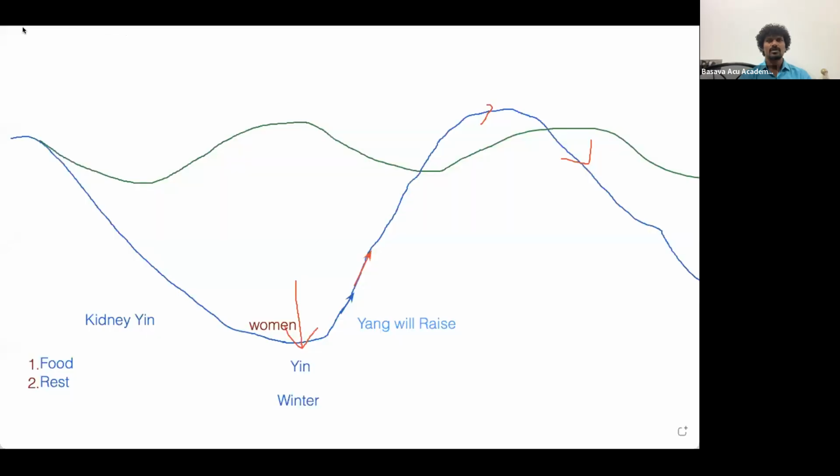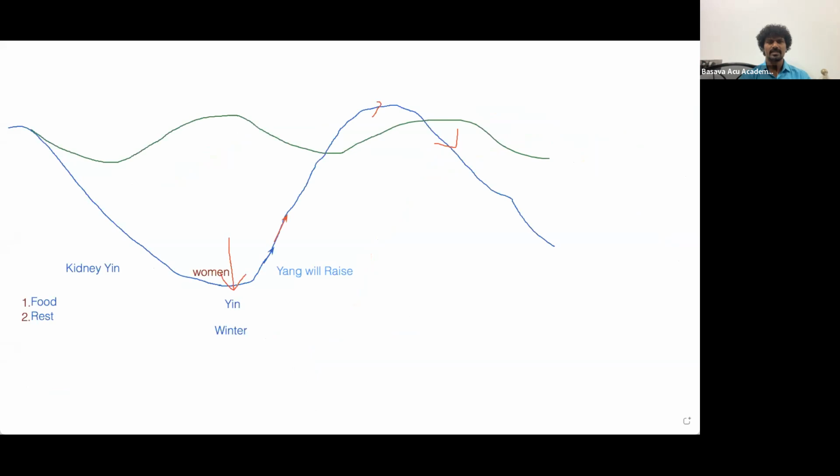So I'll tell you how this is connected technically. I will draw this yang as a body. Let's take this as your body, and I'm correlating it to yang.